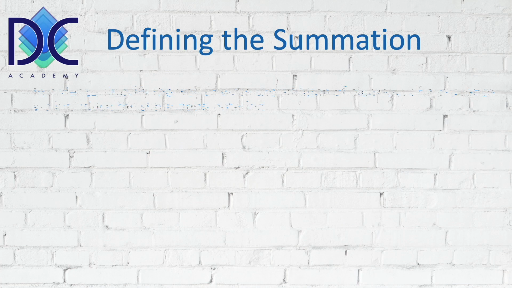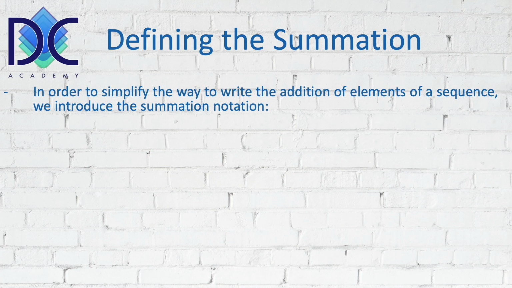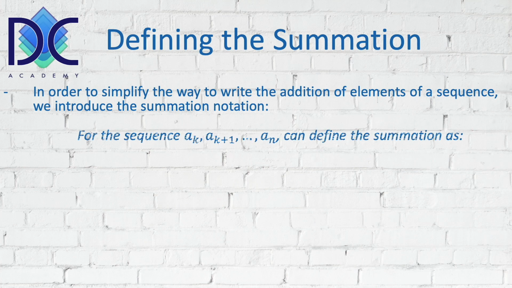When we look at the summation of a sequence, we consider, in fact, an addition. We add the different elements of the sequence. And we can write this when we have a sequence considered by the terms a index k up to a index n.